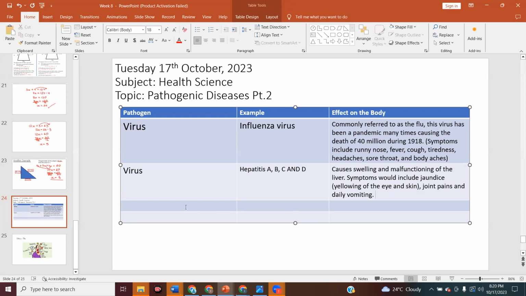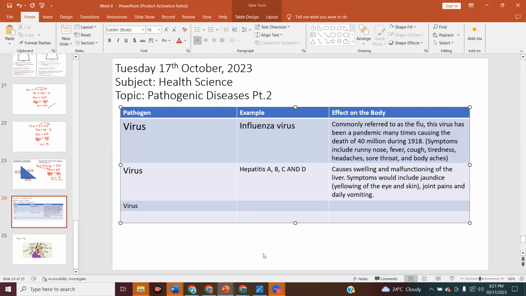Now, the next virus that we want to talk about would be the most recent one, which was COVID. The COVID virus. All right. And the name of that virus was actually coronavirus, right? Which was actually SARS-CoV-2. Okay.